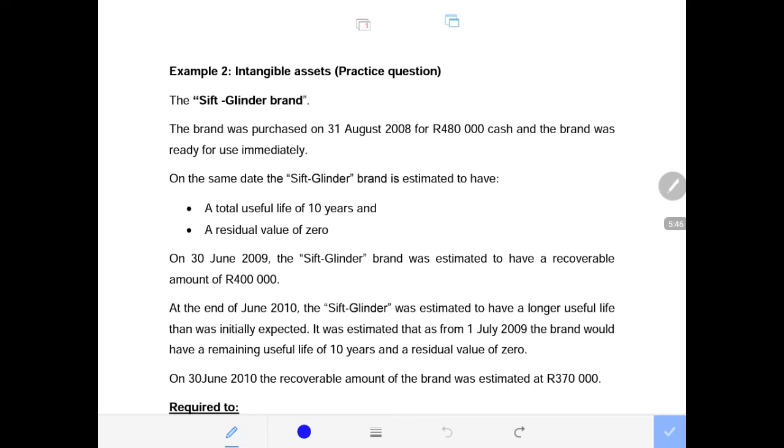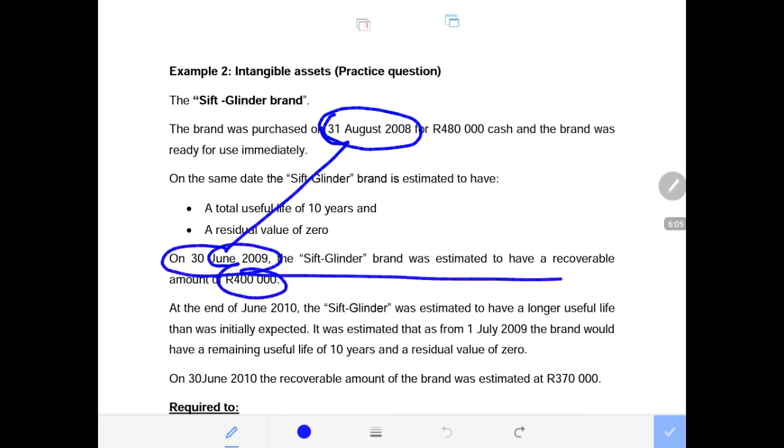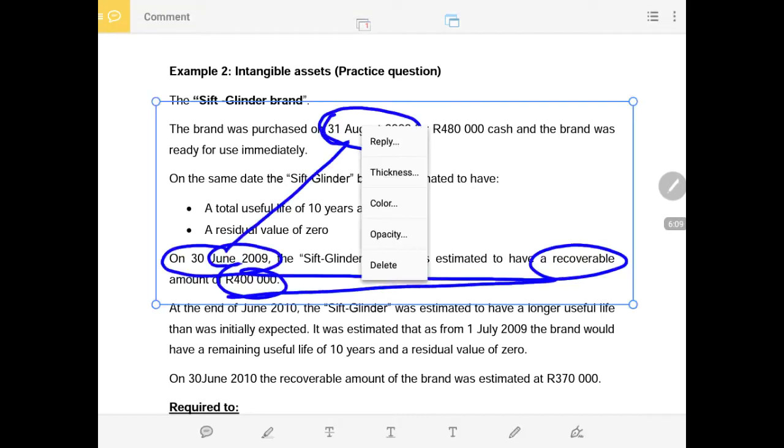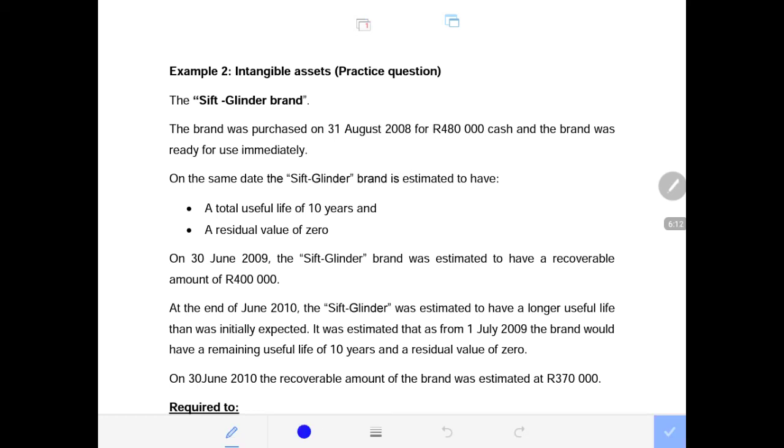Now let me do this because I do have the cost of this brand, and I do have the useful life of this brand, and I do have the residual value of this brand as 0, so I can calculate the amortization from the date the brand was available up to the end of the accounting period, which is the date where I am given the recoverable amount. So now let me calculate my amortization.